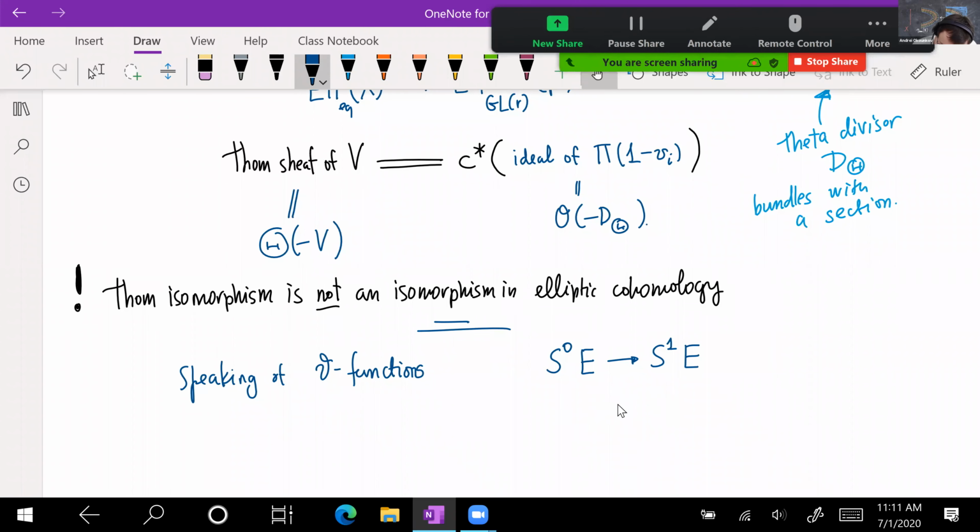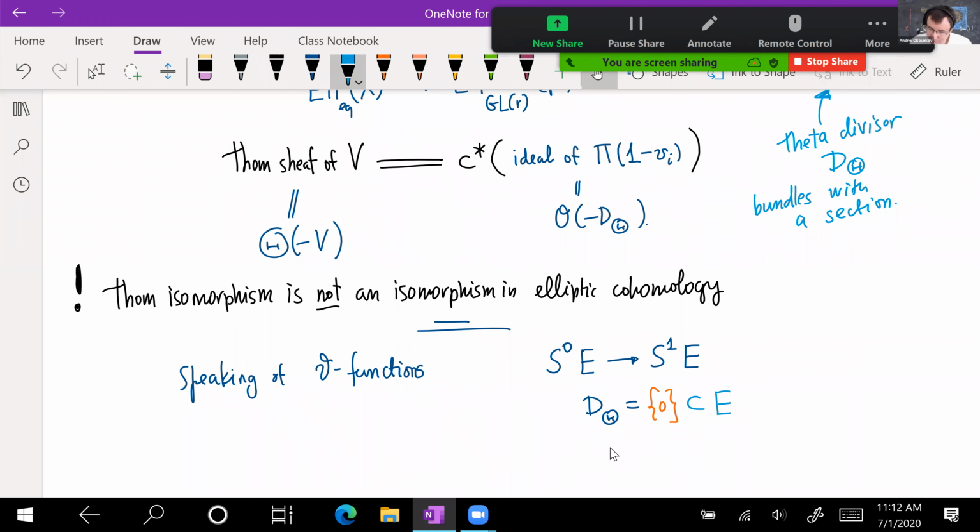So this divisor d theta, that's just the divisor 0, right? The origin. Maybe I put divisor of 0, just 0 inside of the elliptic curve. And that divisor has one section by Riemann-Roch.